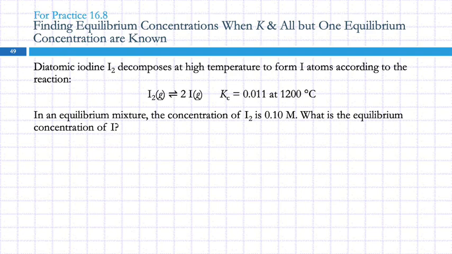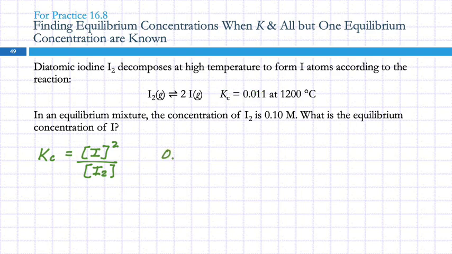So we need our equilibrium constant expression. So Kc is equal to the concentration of I squared, because it has a coefficient of 2, divided by the concentration of I2. And there's I's and 2's, and it's really important that we put the 2's in the right place. Okay, so we're given the equilibrium constant.